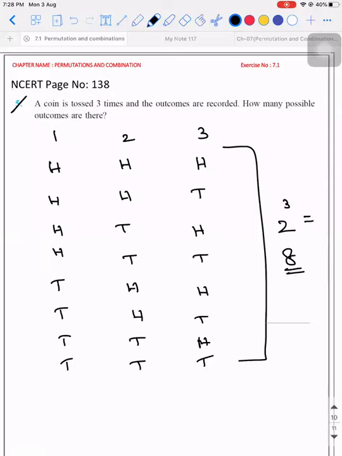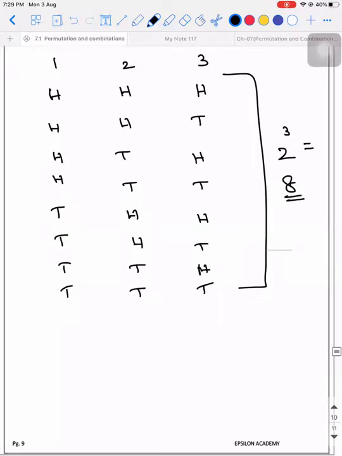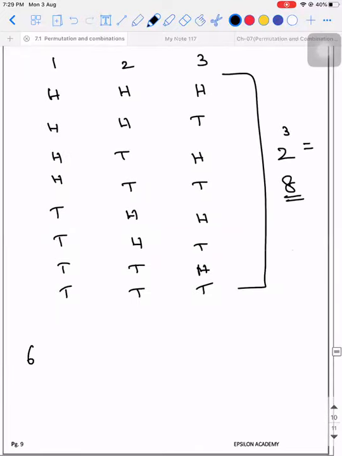Now I'm slightly modifying the question. Instead of a coin, which has 2 sides, head or a tail, if I replace the unbiased coin with an unbiased die and the die is rolled 3 times, how many outcomes are there? 216, sir.